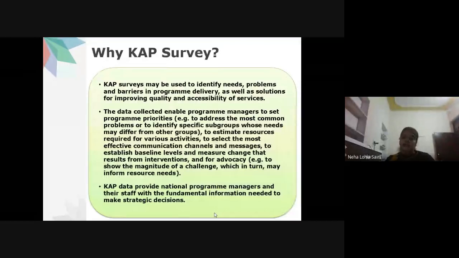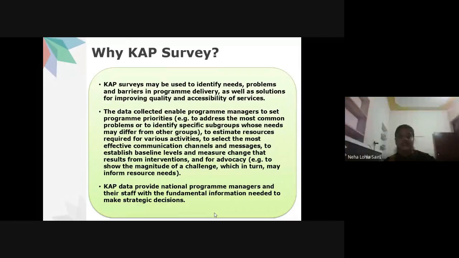So whatever resources you will require, the data will come out from your survey only, because the responses you get to your questions will help you to plan your study accordingly. Then KAP data provide national program managers and their staff with the fundamental information needed to make strategic decisions.